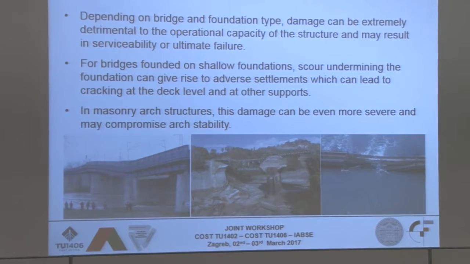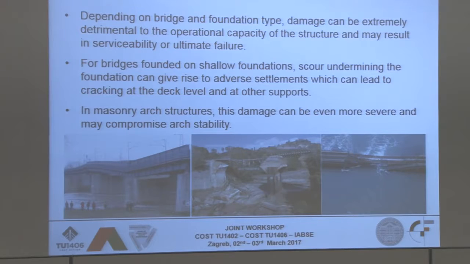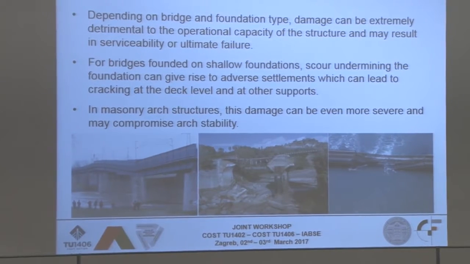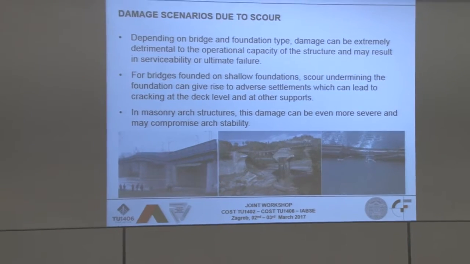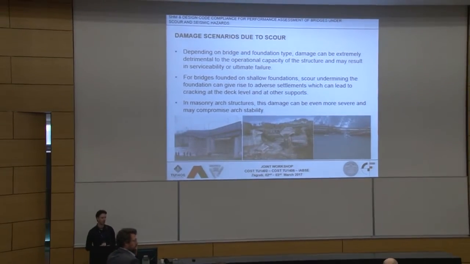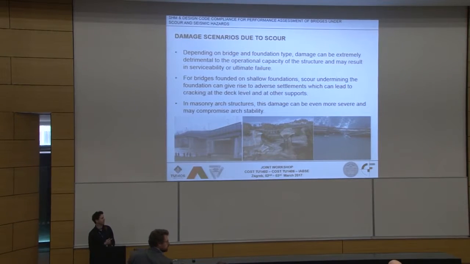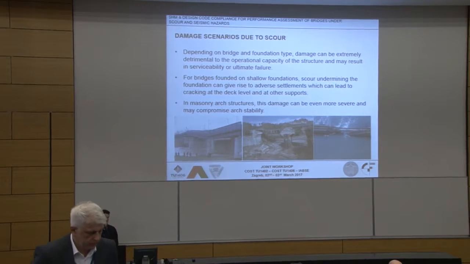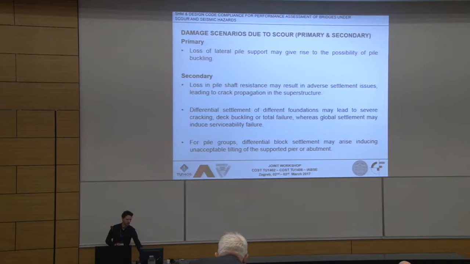For a flexible abutment pier integral bridge type system, it can have an effect on the flexibility and the dynamic motions. Failures range from total catastrophic sudden failure, which can be seen in some of the images on the bottom here, to a pier settlement which has rendered the bridge unusable, but it hasn't actually been a full collapse.